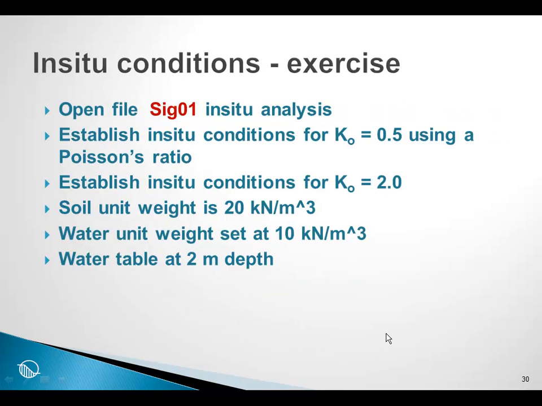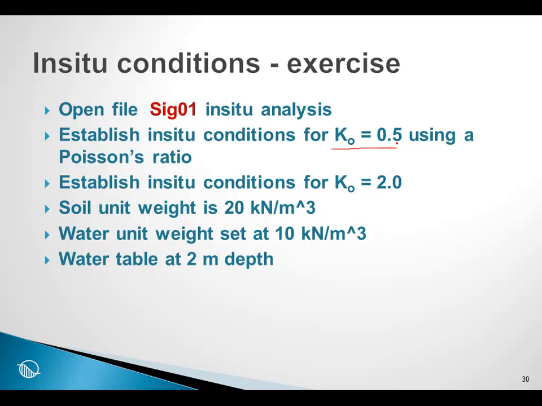So let us move on then to an exercise using SIGMA/W. We will open the file SIG01 in situ analysis and illustrate how we establish in situ stress state conditions when we have a K0 of a half using Poisson's ratio.